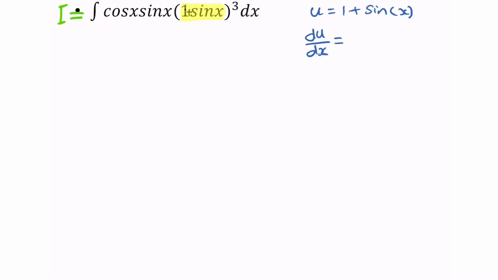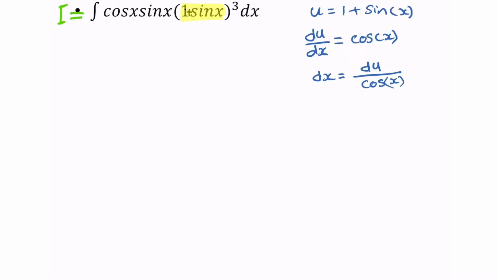So du over dx is going to be cosine x, because the derivative of 1 is 0. Right, so du over dx is cosine x, then rearrange, therefore dx will be du over cosine x.